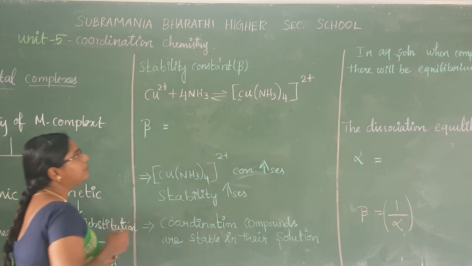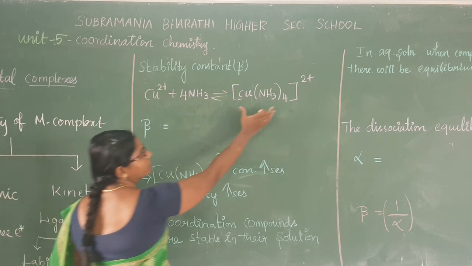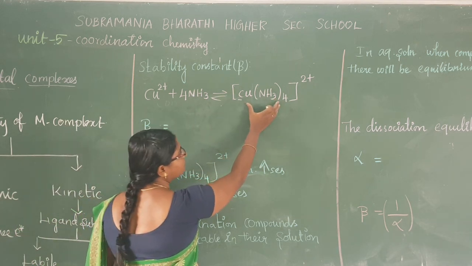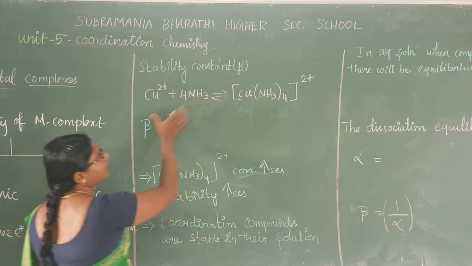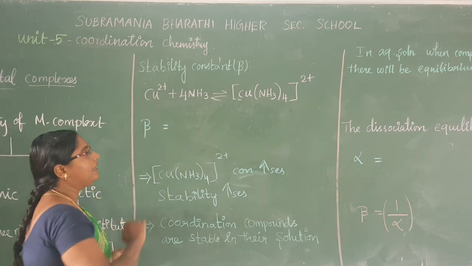How can I write the stability constant for this reaction? It is the concentration of the product, or the complex, divided by the concentration of the ions, or the reactants.